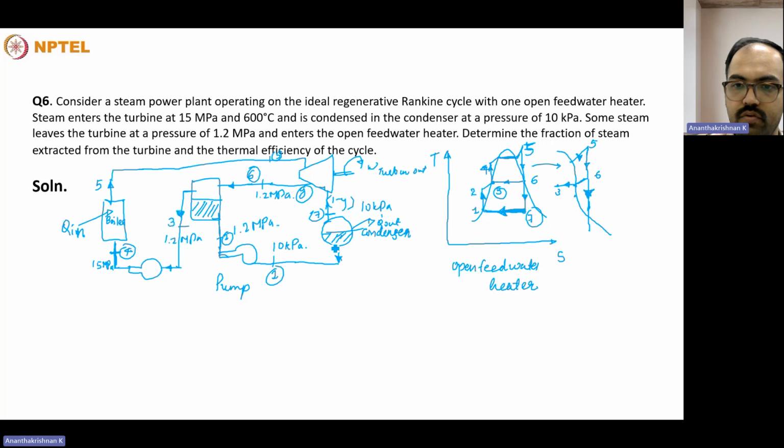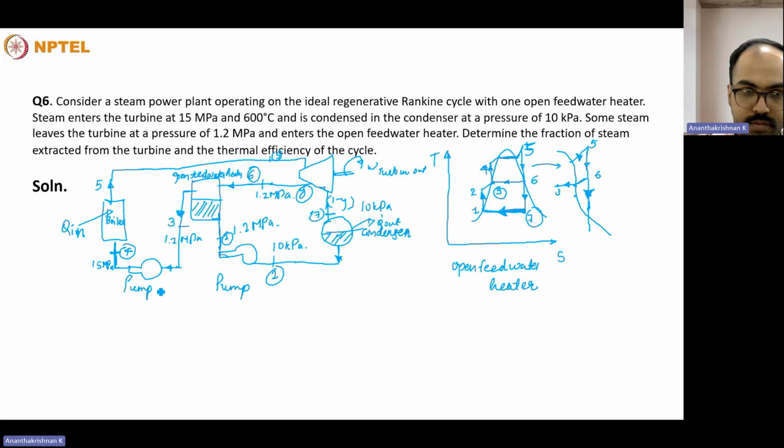Condenser Q out, pump will be the work input cases. Heat input will be in the boiler, and this will be the open feed water heater, where both heat as well as mass exchange take place between the high pressure, high temperature steam and the low pressure pumped fluid, and there will be proper mixing and it will be coming out.